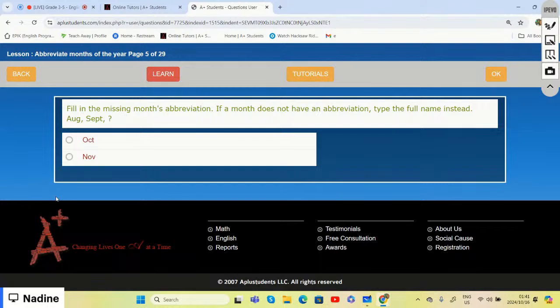If we select the month that comes after September, it's August, September, because it says fill in the missing month's abbreviation. So August and then yes, September, the month that we are in.